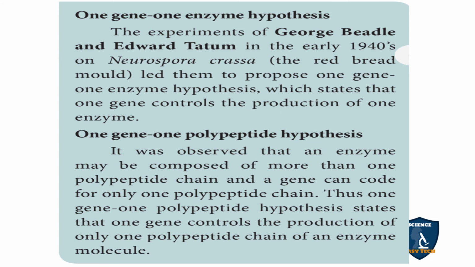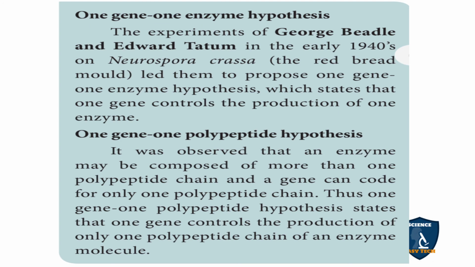But now the hypothesis is changed to the one gene, one polypeptide hypothesis. So the enzyme is made up of more than one polypeptide chain. It was observed that an enzyme may be composed of more than one polypeptide chain and a gene can code for only one polypeptide chain.